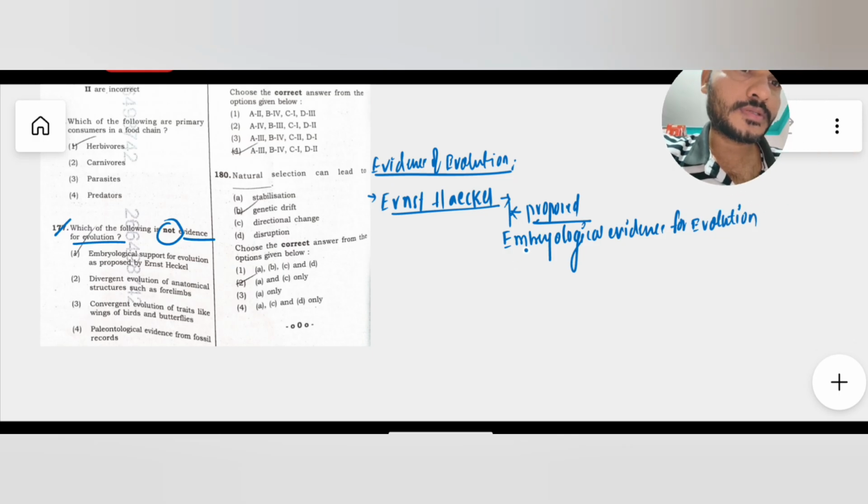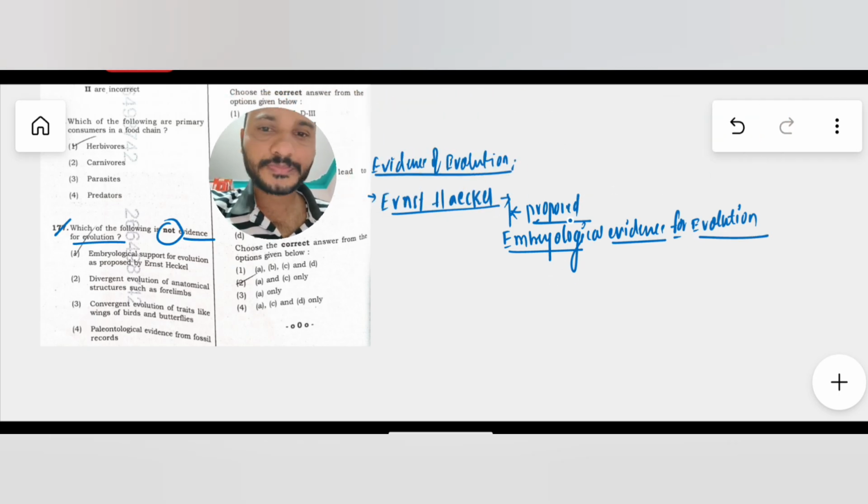He proposed embryological evidence for evolution, based on his observation.